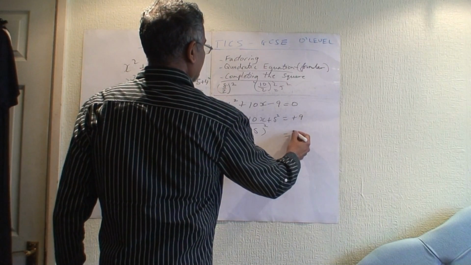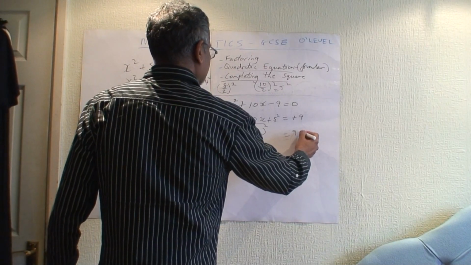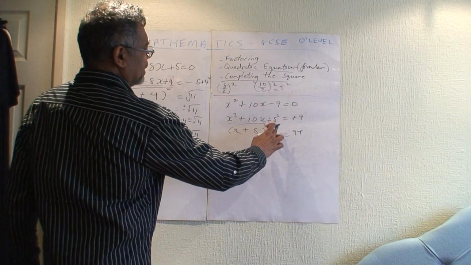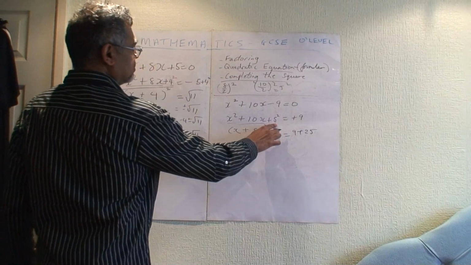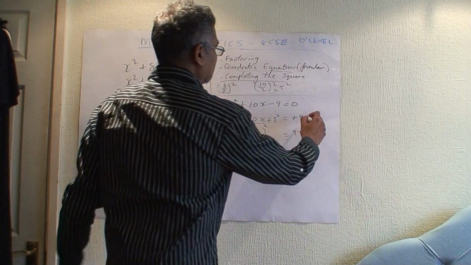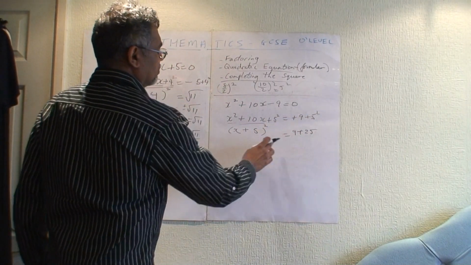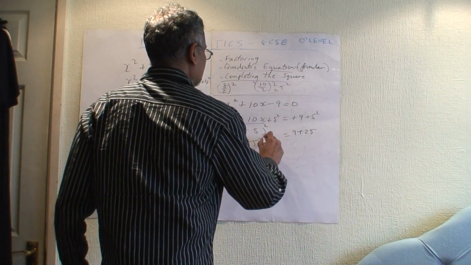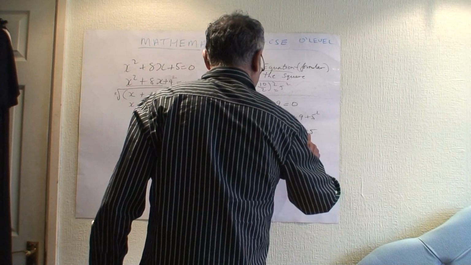That is equal to 9 plus the 5 squared, which is 25. We can't forget that, because we put the 5 squared on this side, and we put the 5 squared on that side. So we have x plus 5 squared is equal to 9 plus 25, which is 34.